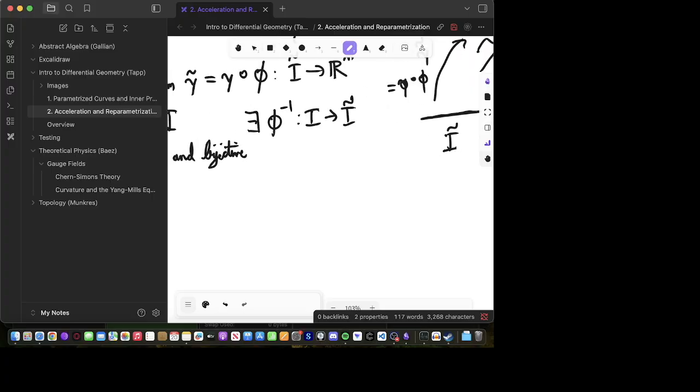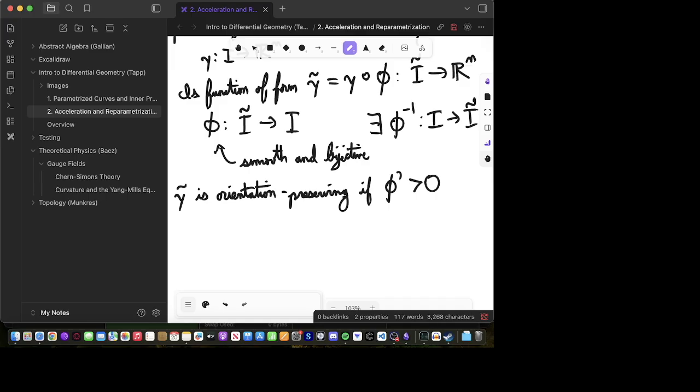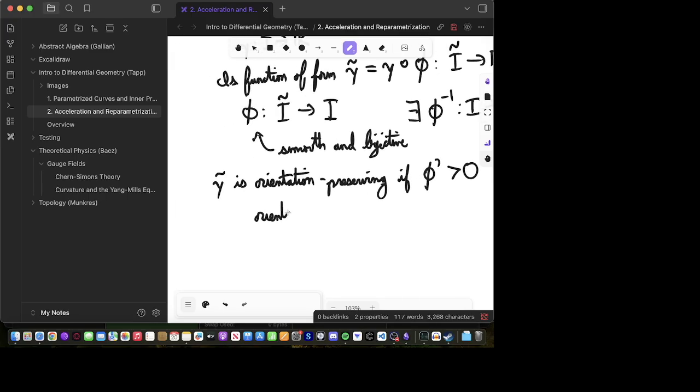Now, some more definitions. Gamma tilde is orientation preserving if the derivative of phi is greater than 0. It is also orientation reversing if phi prime is less than 0.